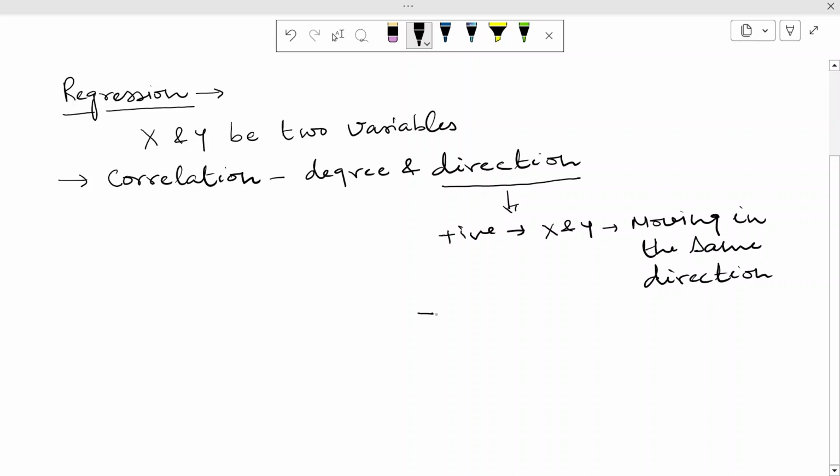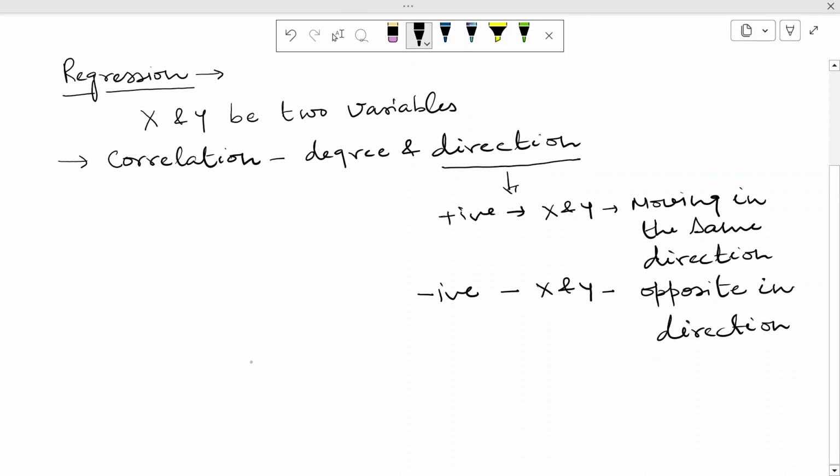Now the negative correlation means the variables x and y are moving in opposite direction. So this means that if you are increasing the value of x, then y will decrease.